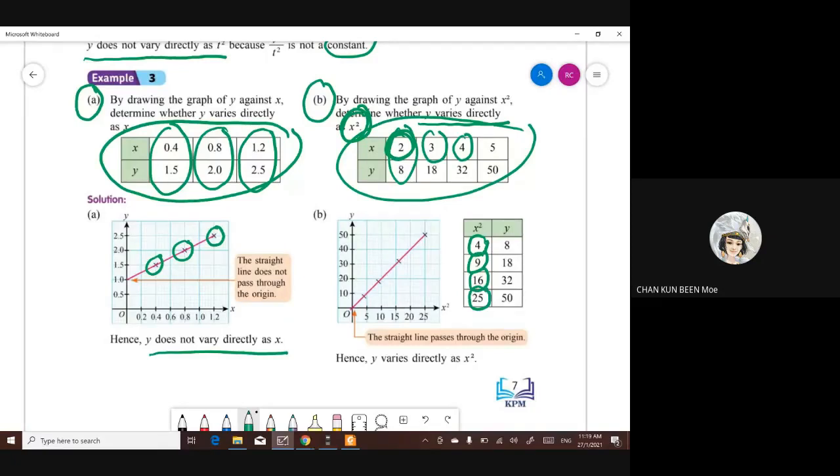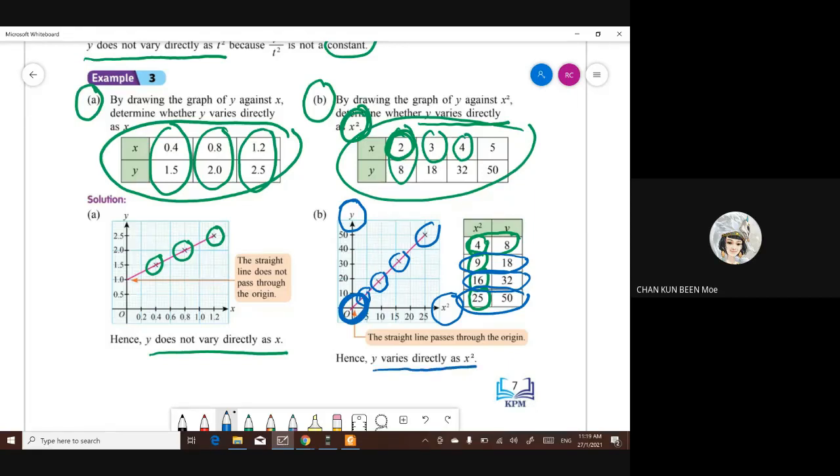So when you plot, you are going to plot 4 and 8 right here. 9, 18, here. 16, 32, here. 25, 50, here. Okay? And then it's a straight line, right? And then you find out that it goes through the origin. This is the most important part. When it passes through the origin, this y varies directly as x squared. That is how you answer it.